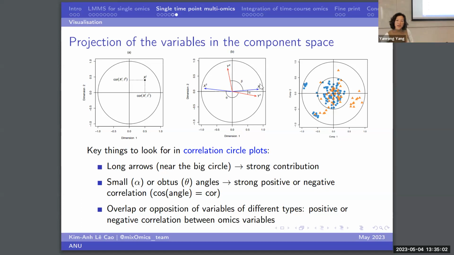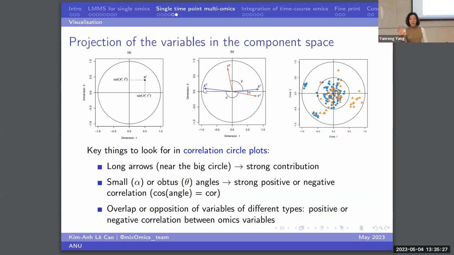And the other thing that I tell biologists to look at are those obtuse angles, where it shows a negative correlation. So if the expression of that gene is high in the disease samples, the expression of the other gene would be low in the healthy samples.